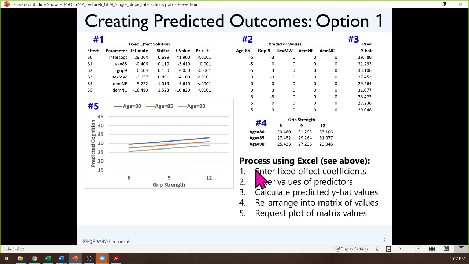Yep. So this works well if you're trying to teach people these concepts, but it doesn't work as well if you want to do this type of plot for, say, a whole bunch of different outcomes, right? So, Kaylin, I'm calling on you because you sent me an email. You have like 6 outcomes that you're interested in for a research project, and like 10 predictors, and a whole slew of covariates.